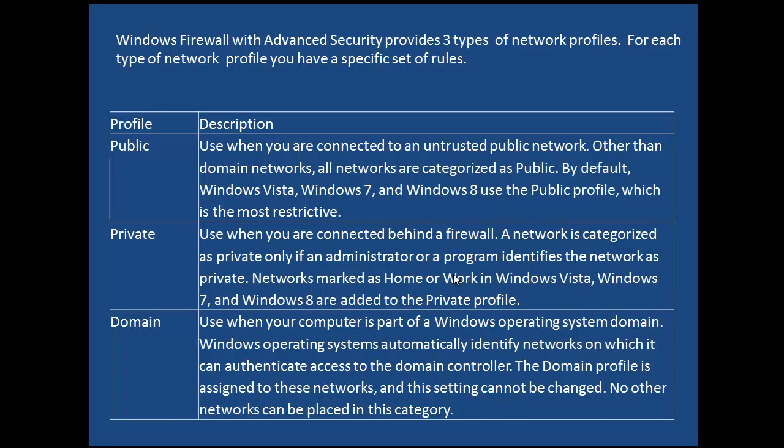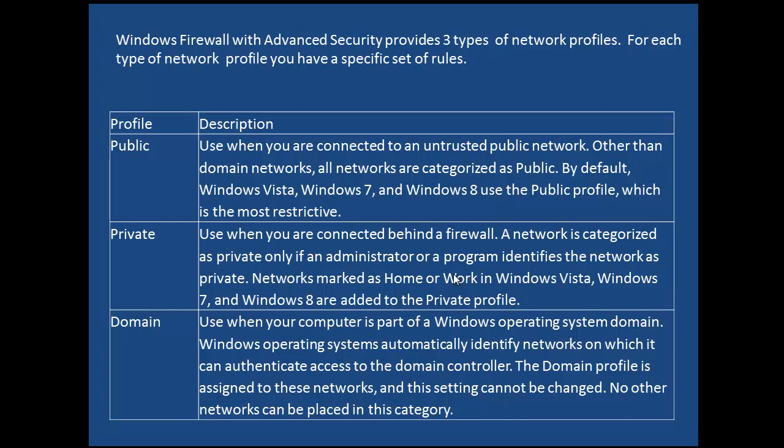And then there is the domain profile, which you would use when your computer is a part of the network. And when your computer is a part of the network, then the profiles for the domain, which would probably be group policy profiles, are applied to the computers on the network.